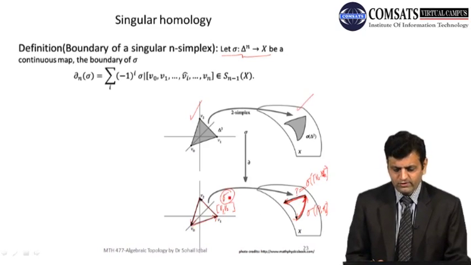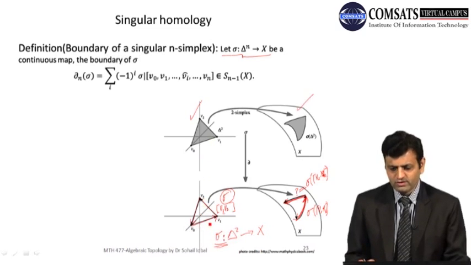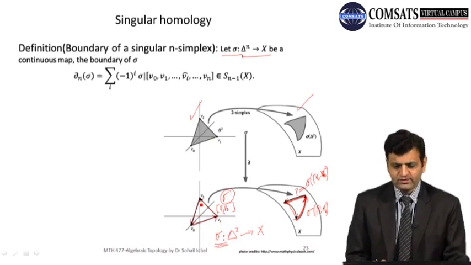If I want to calculate the boundary of sigma from the standard simplex to this topological space X, the singular two-simplex, I should calculate the boundary of the standard two-simplex, and then take the continuous image under sigma of these boundary faces. So that's the strategy.